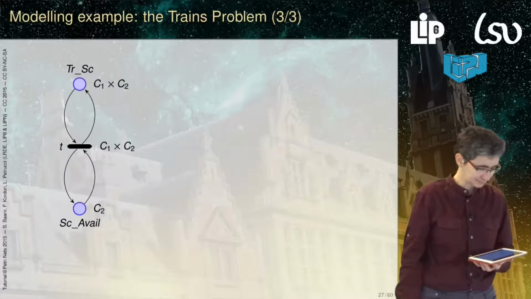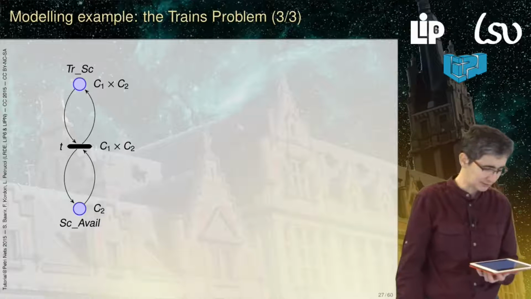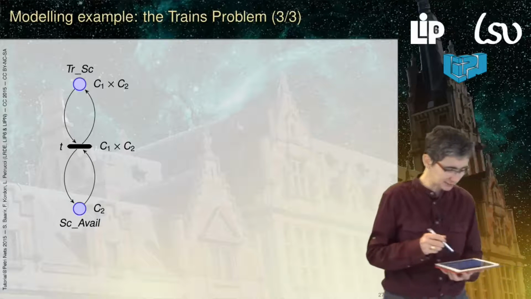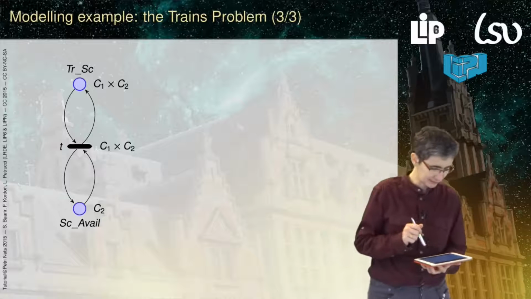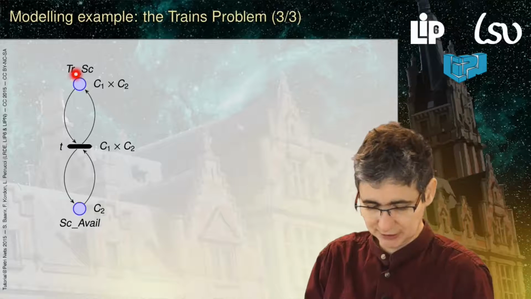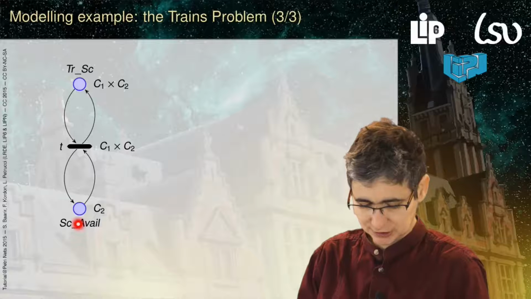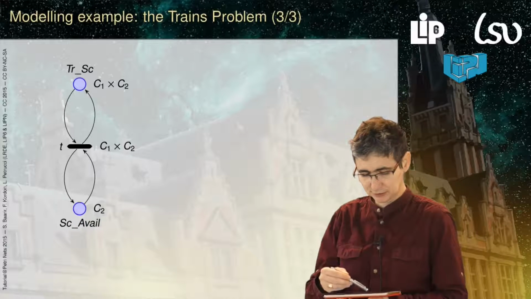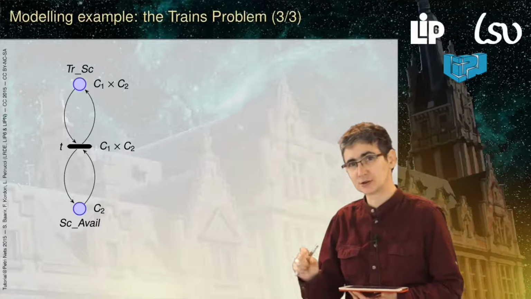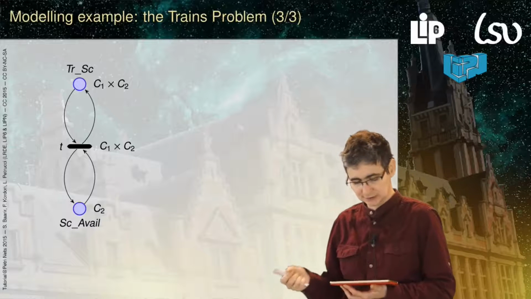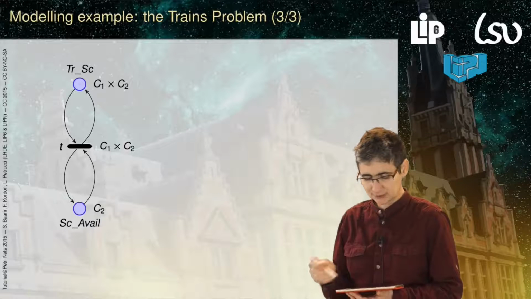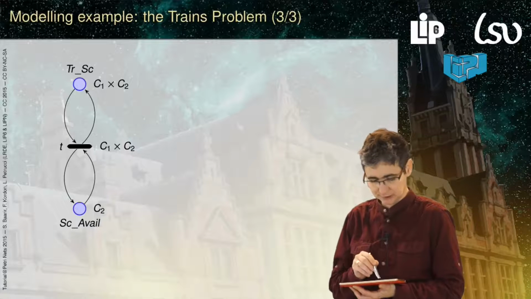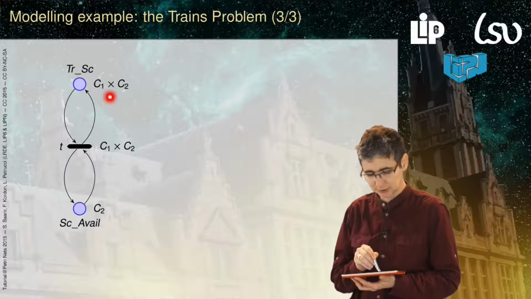So let's connect all that together in the net. So you can see here the two places, train on a section, section available, and their associated colors. So the train on the section contains a train and the section it's traveling on. So therefore it has a color C1 cross C2.